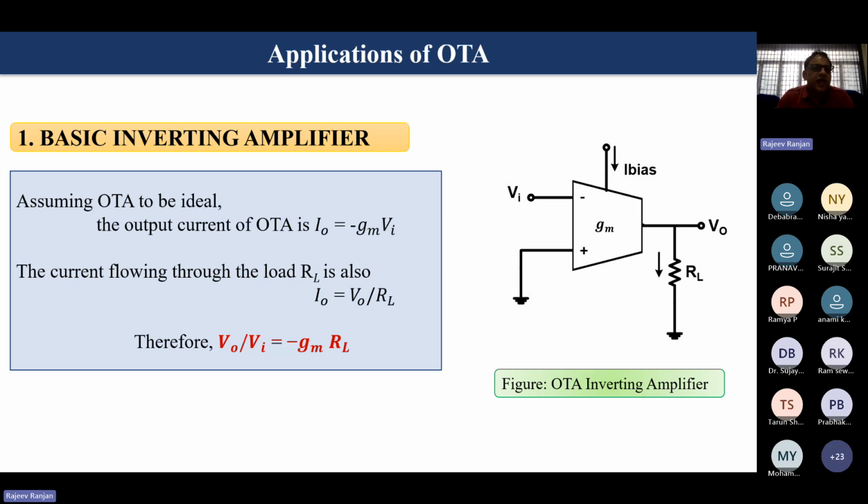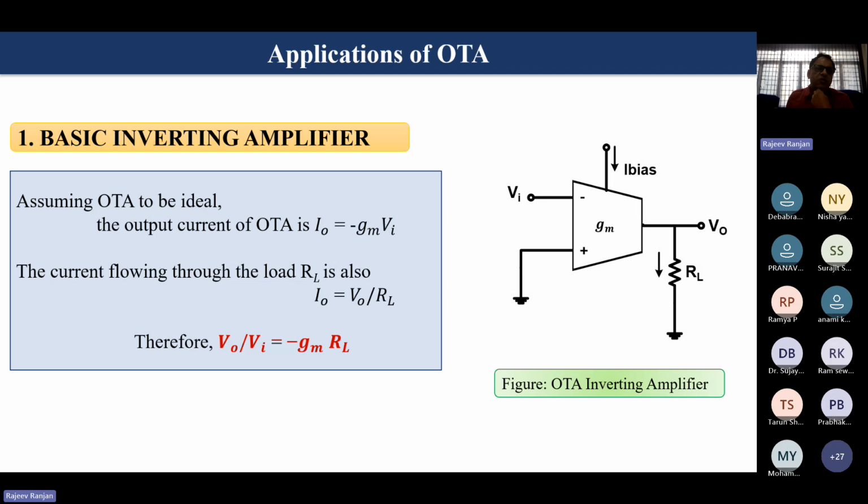Sorry for disturbing. So this is one of the applications of OTA. In this case, we can use it as an inverting amplifier. Assuming the OTA is ideal, the output current IO equals minus GM VI.